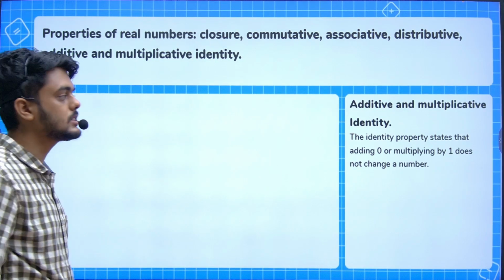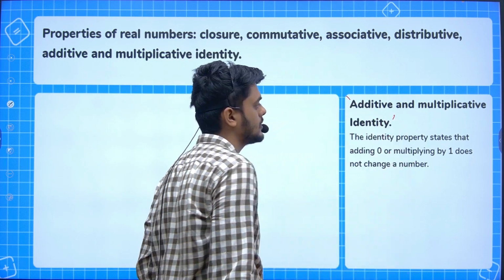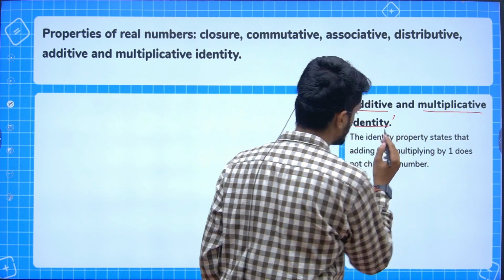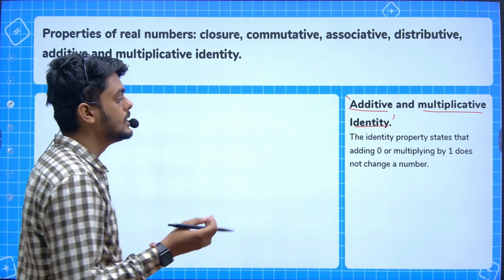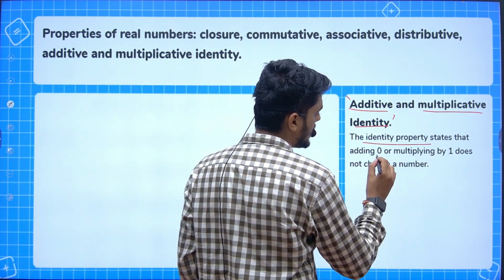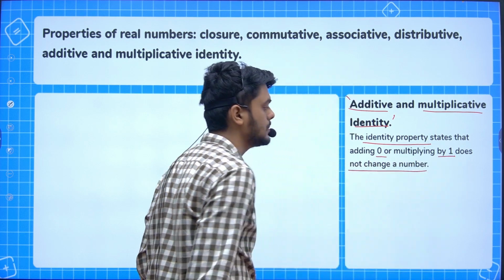Moving to our next properties, we have additive and multiplicative identity. These are very basic identities or properties you can say. The identity property states that adding 0 or multiplying by 1 does not change a number.